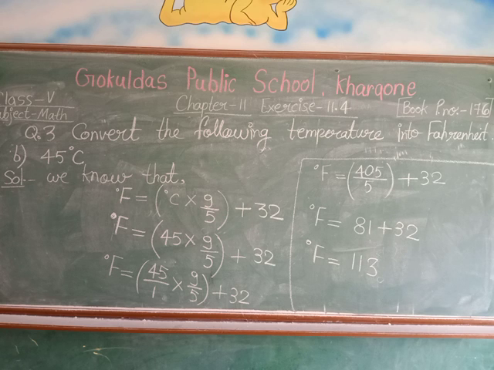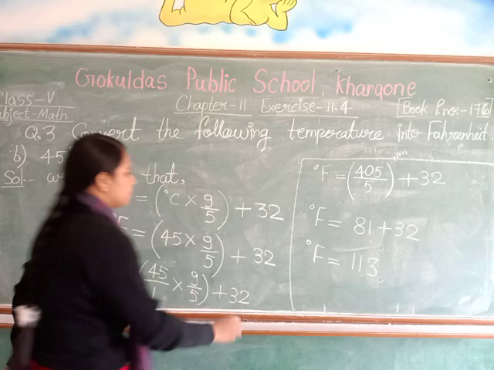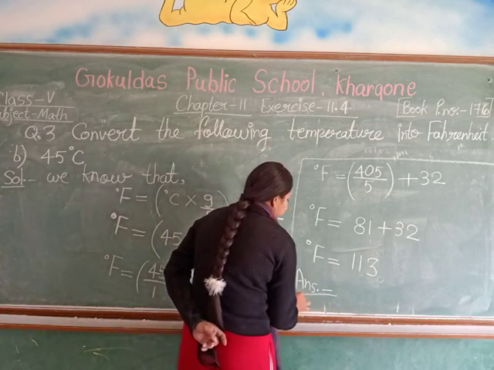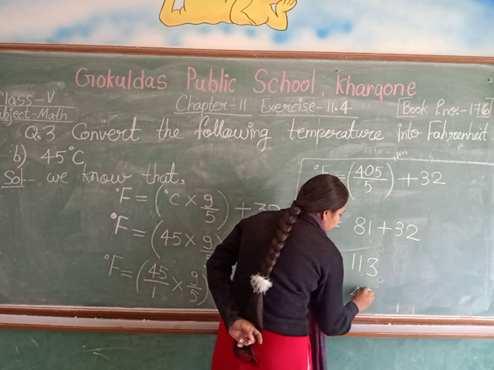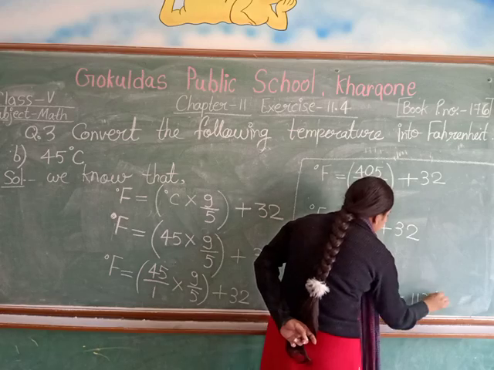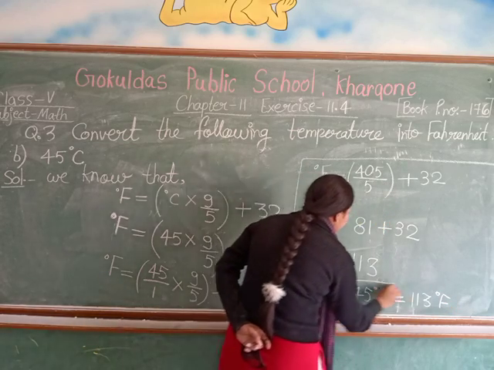Note down in your copy or take the screenshot. Here 45 degree C is equal to 113 Fahrenheit. In your answer you can write 45 degree C is equal to 113 degree Fahrenheit. It is your final answer.